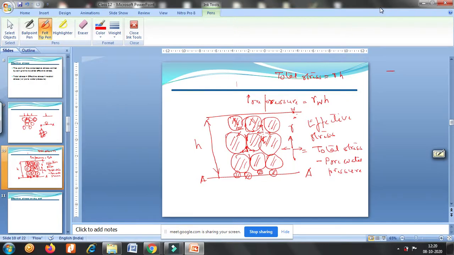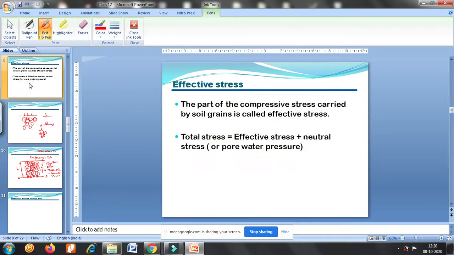So the effective stress is equal to total stress minus the pore water pressure. We can write the total stress is equal to effective stress plus the pore water pressure.